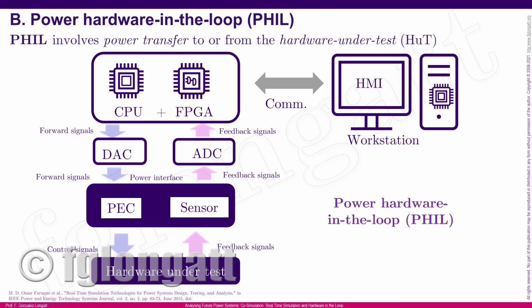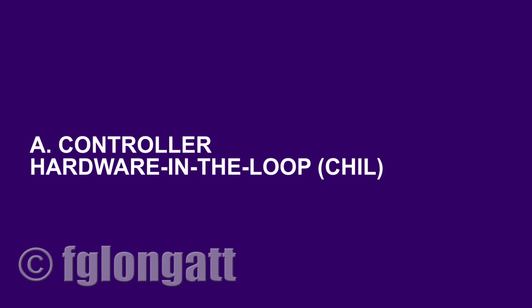Now what I will do is start with a few study cases, okay? I will start with a very short study case, and this is hardware in the loop. But to be honest, this is the specific case of controller hardware in the loop.